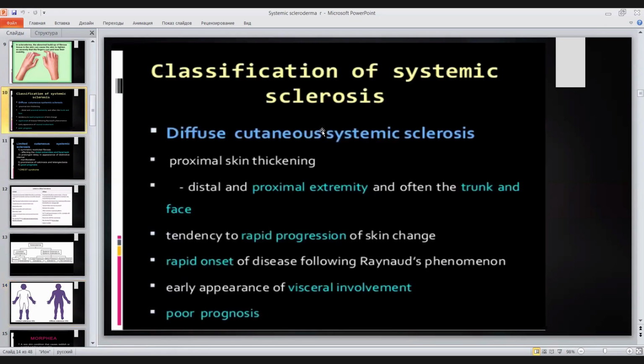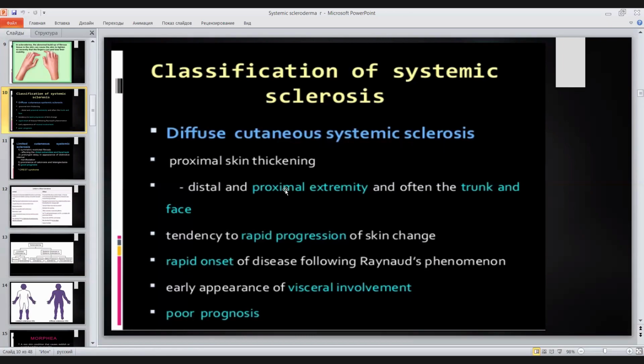Now, diffuse form affects all body skin. It means proximal skin also, because if proximal is affected, already it's diffuse. Trunk, face, all parts. And there will be rapid progression of skin change, it starts rapidly.